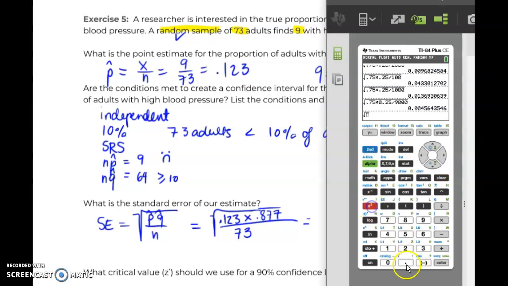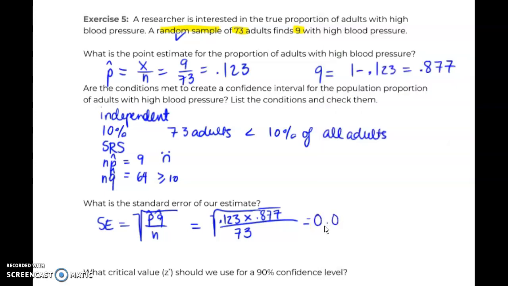So we're going to calculate the square root of 0.123 times 0.877 divided by our sample size of 73, which is equal to 0.038, which is our standard error.